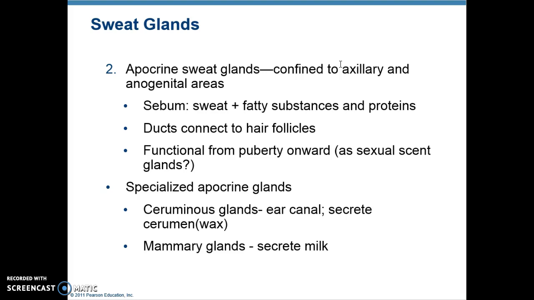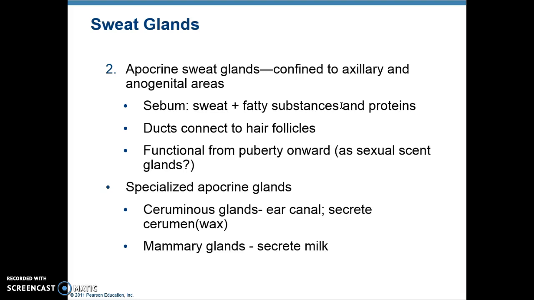And this is where your body odor comes from. So sweat itself is odorless, as is most of the stuff that you find in it. But the fat and the proteins that you find in this apocrine sweat are tasty raw materials to bacteria. So it's the bacteria that eat the substances in your apocrine sweat that give you your particular body odor.